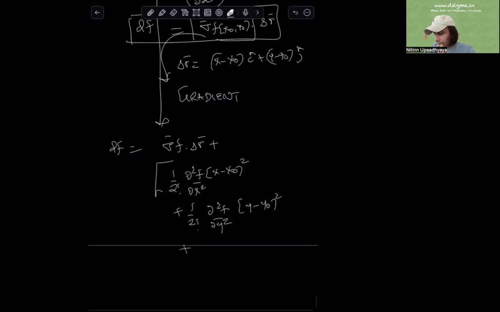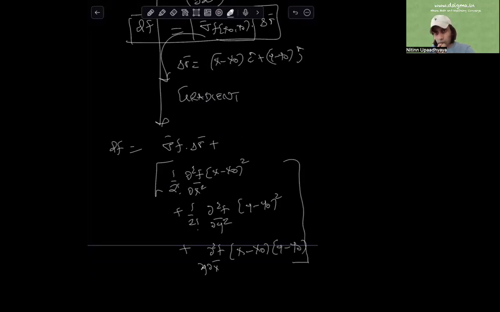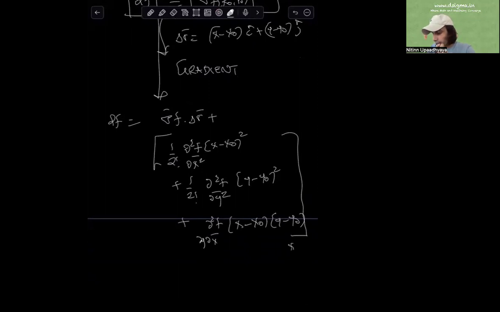And then I have del 2f del x, or rather del y del x. Either way, they'll be the same. It's a mixed partial derivative, but just to be consistent, I'm writing it in the form del 2f del y del x times x minus x naught times y minus y naught. So we have a term of this form, which constitutes a quadratic order approximation of the function, and all of this is evaluated at x naught comma y naught. So that's the change in the value of the function.